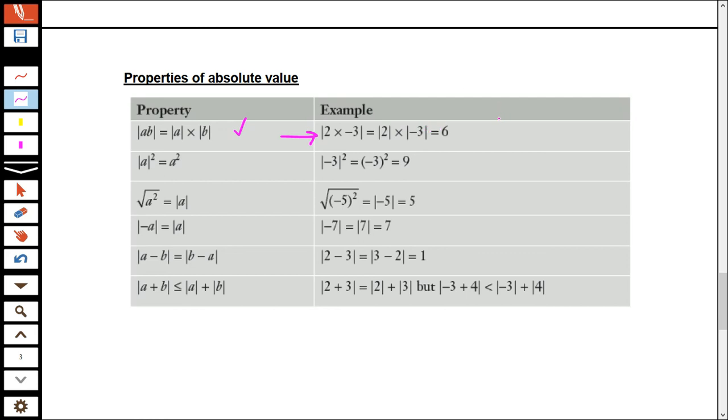So the way you'd look at that is, if I was going to do the working out for this, I'd go, look, absolute value of 2 times -3 equals the absolute value of -6, which equals 6. And then obviously absolute value of 2 times the absolute value of -3 is equal to 2 times 3 equals 6. So there's a way of verifying that first example.